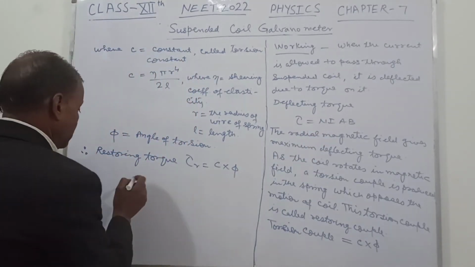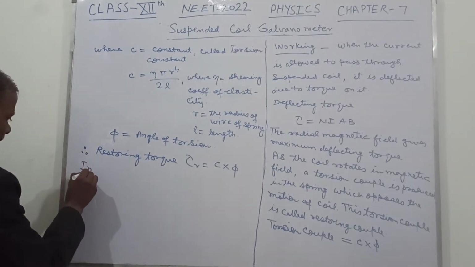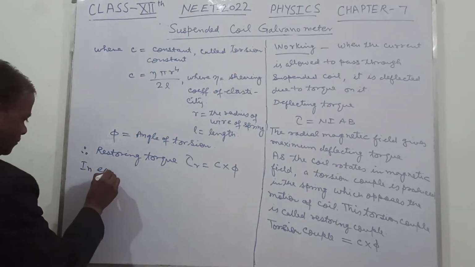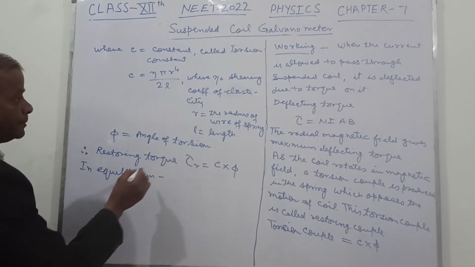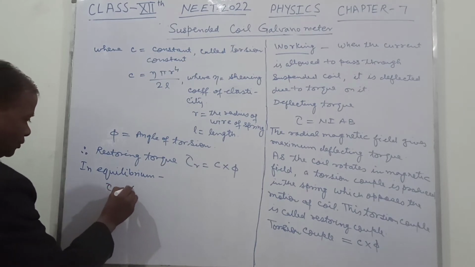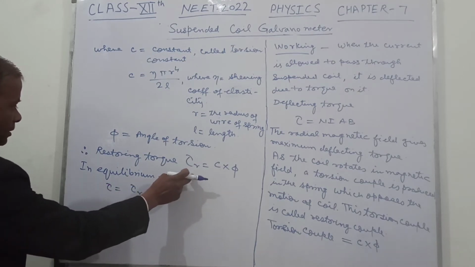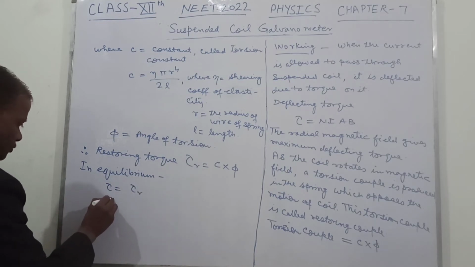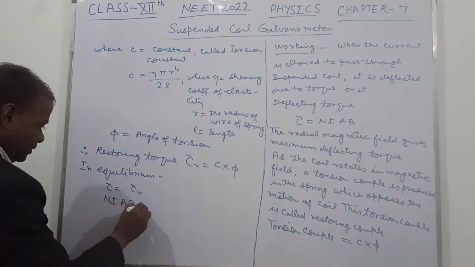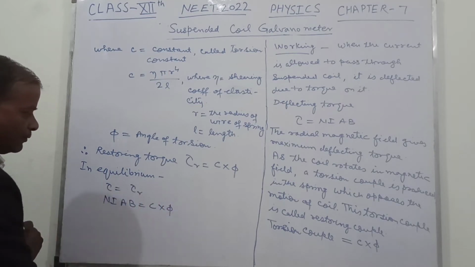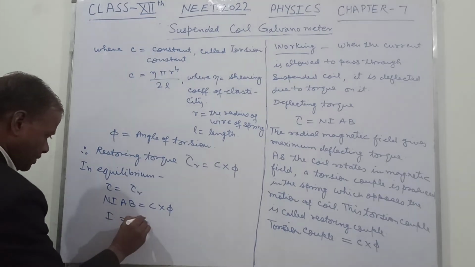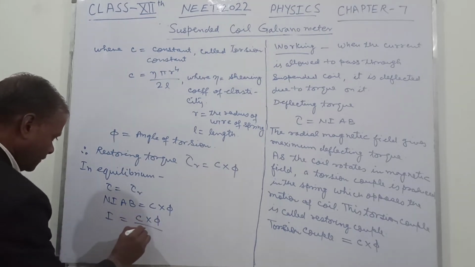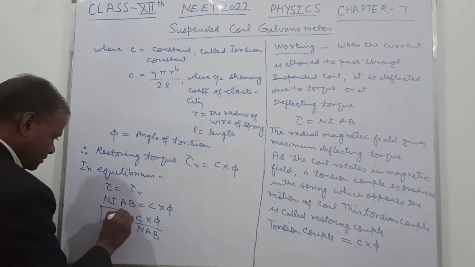So in equilibrium, the deflecting torque equals the restoring torque. So NIAB equals C into phi, or I is equal to C into phi upon NAB. This is so much the current.